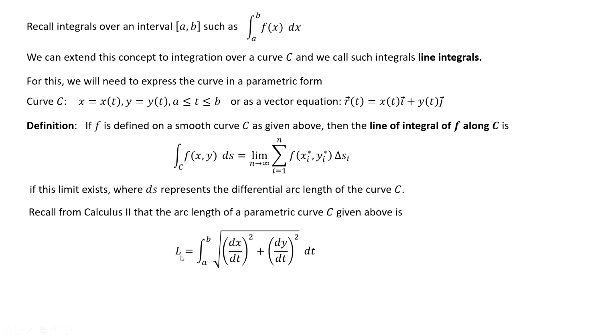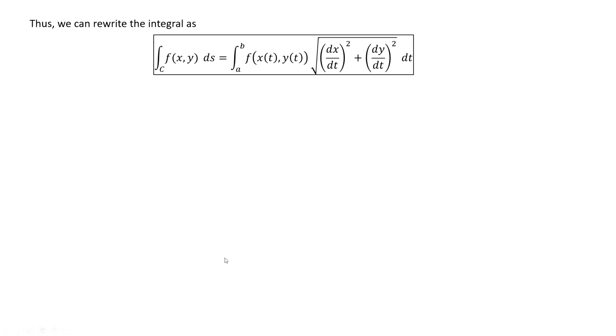And it turns out that ds/dt is what this square root thing would be. If I multiply both sides by dt, then we have ds is basically this quantity.